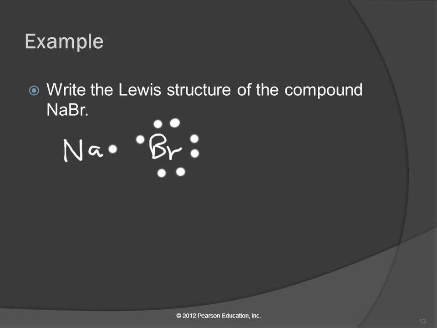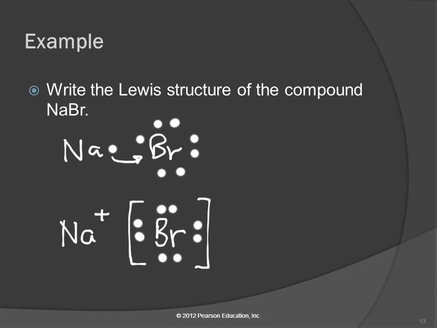What's going to happen? The sodium's going to lose 1 and give it to the bromine. Right? And then what do we end up with? We end up with sodium with no valence electrons, and now it has a +1 charge. We end up with bromide, and this now has 8. It has an octet. And this has a charge, so I'm going to put it in brackets and put the charge on the outside.